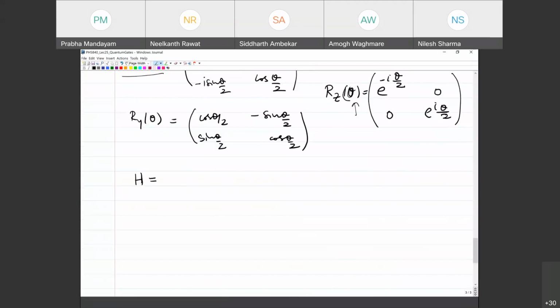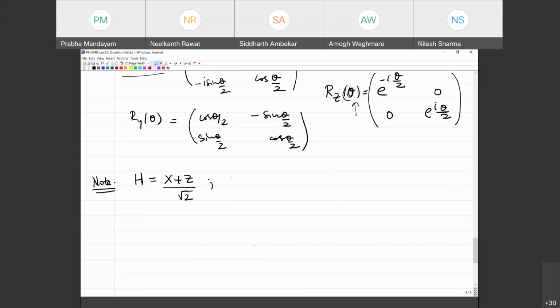Decomposing H in terms of a rotation matrix is a slightly non-trivial task. We'll come to that, but just note that H can be thought of as X plus Z by root 2. So in some sense, if you have a rotation matrix that represents Z and X, then you have a representation for H, although the decomposition itself is slightly non-trivial.